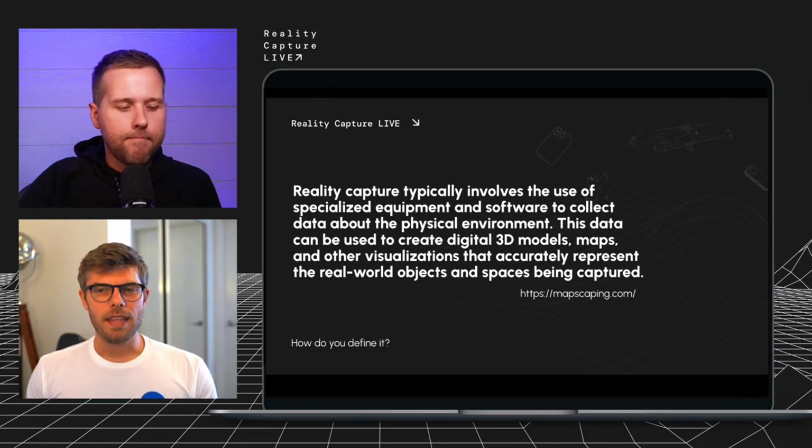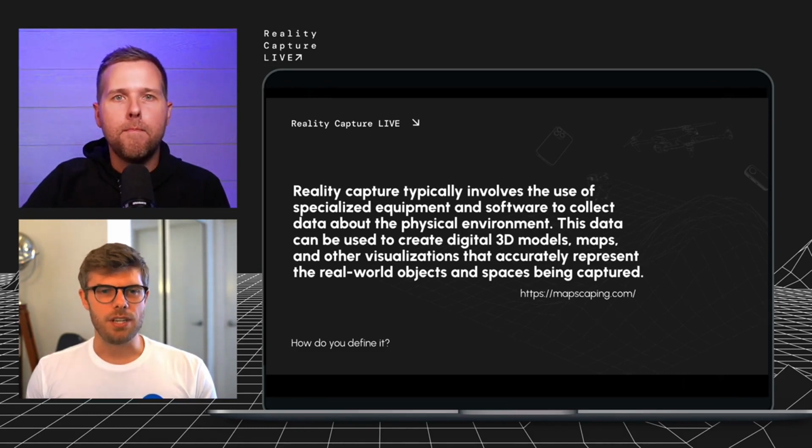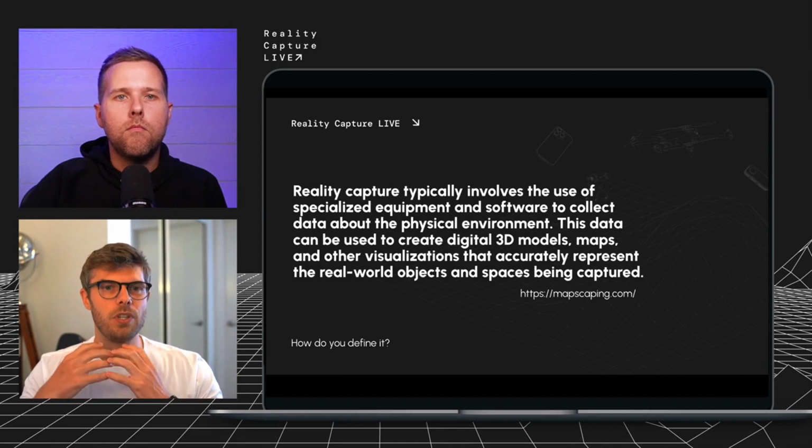Yeah, sure. I think the two things that I'd adjust on this, the one is that it's not just the 3D models and the maps. When you're talking about reality capture, we're working with thermal imagery, we're working with multispectral, we've got gas sensors like methane and hydrogen sulfide sensors.